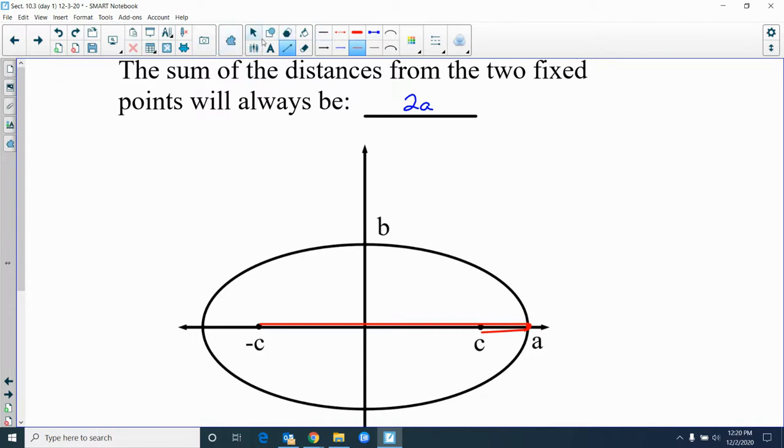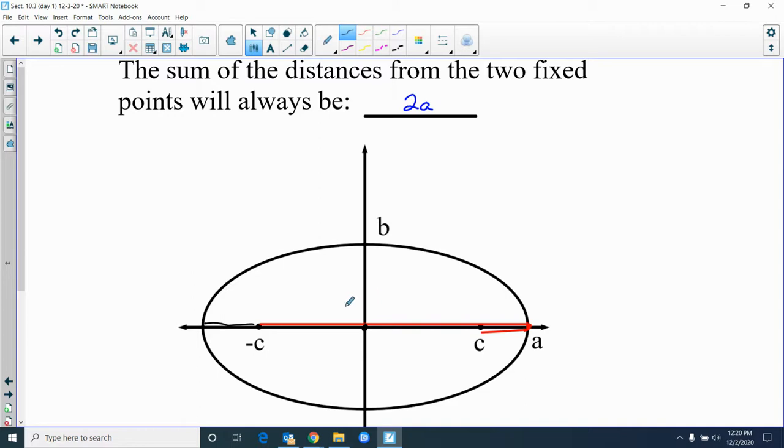Here, a is the distance from the center all the way to the edge. This little piece and this whole piece connect to the end, and it basically goes from end to end.